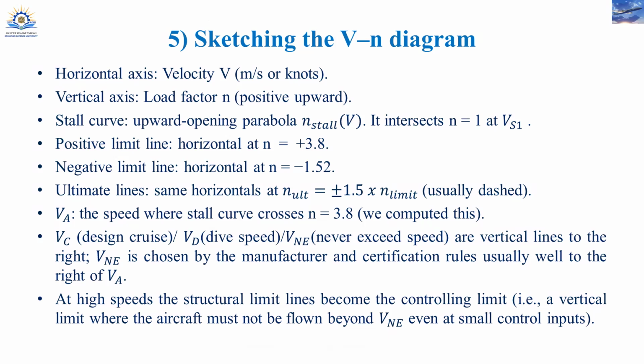So you have a horizontal axis, which is V, and a vertical axis, which is N, with the zero point here. Then draw this type of graph. Again, here it is even negative. You can draw like this.